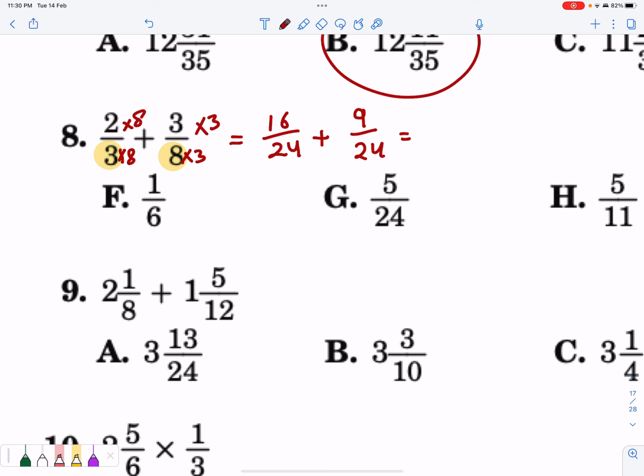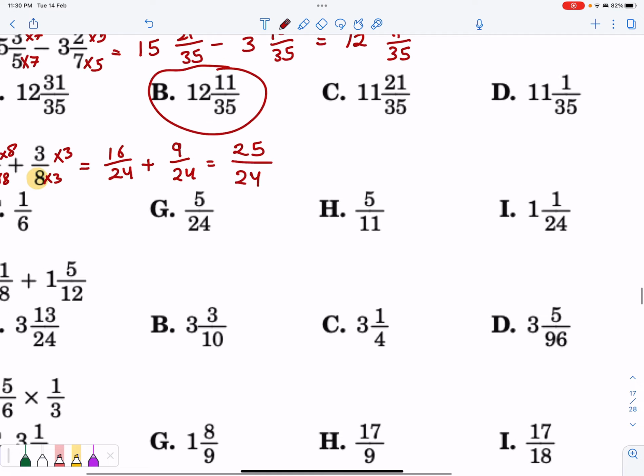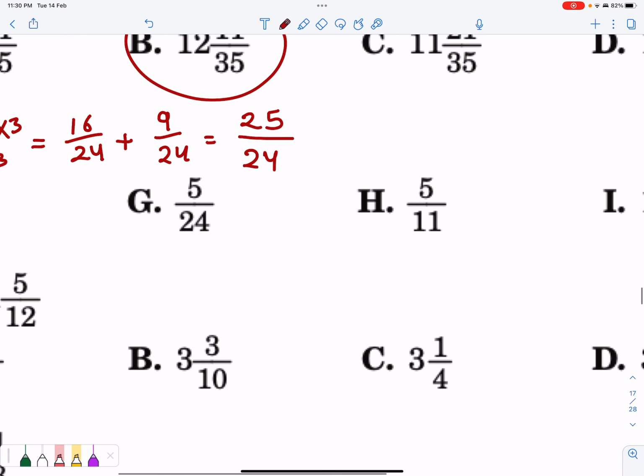Let's add 16 plus 9. No, actually 25, right? Yeah, 25 over 24, of course.